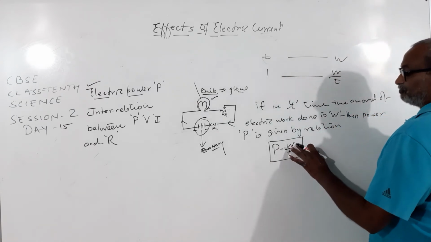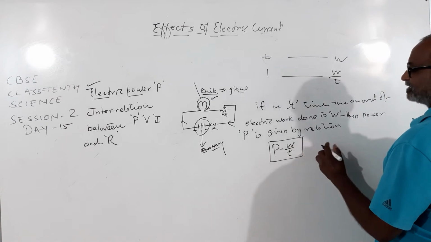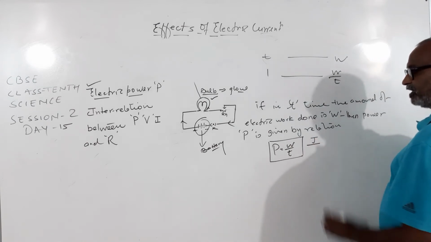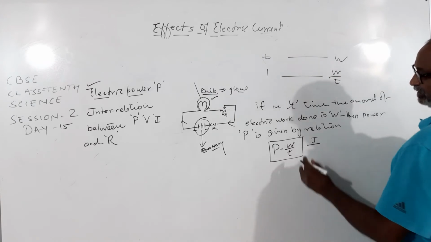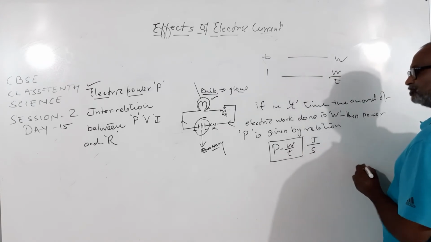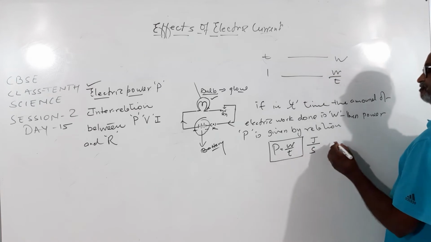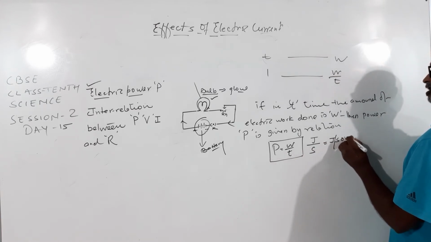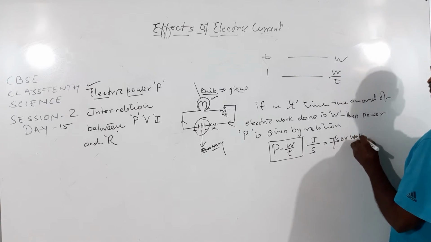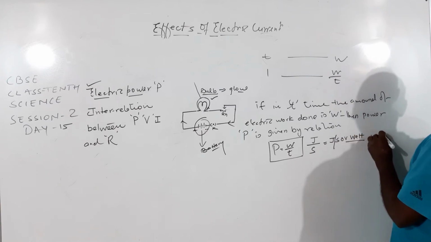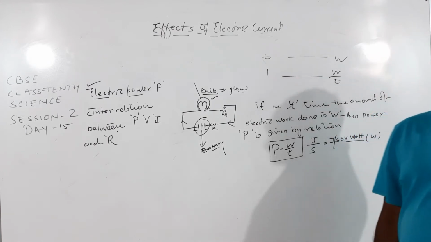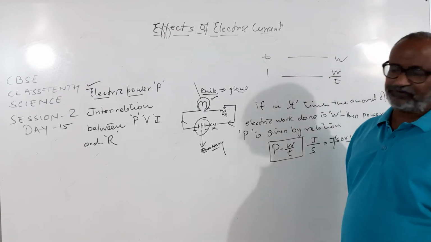The SI unit of work is joule, you're all familiar. Time is second. So the SI unit of power is joule per second or watt. Now let us define 1 watt power.